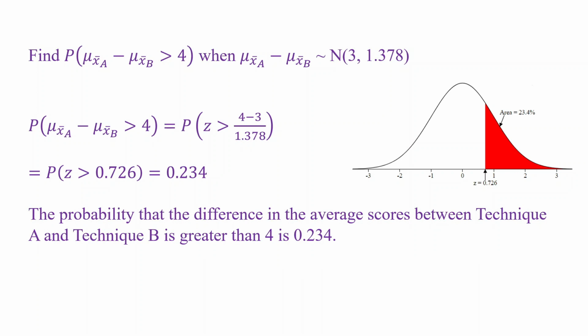Now the conclude part, we put the context to our answer, and we say the probability that the difference in the average scores between technique A and technique B is greater than 4 is 0.234. And that's our problem using the 4 C's for those problems.